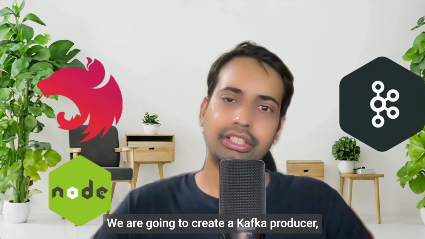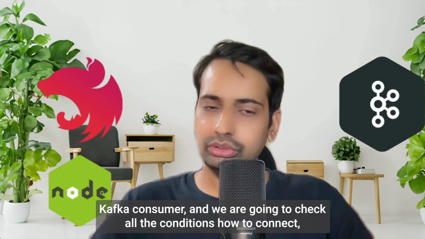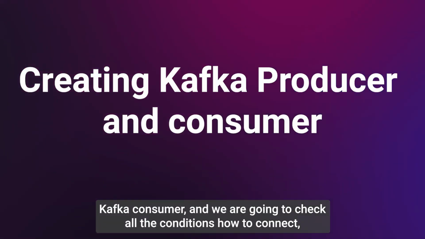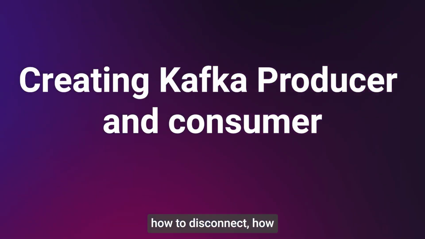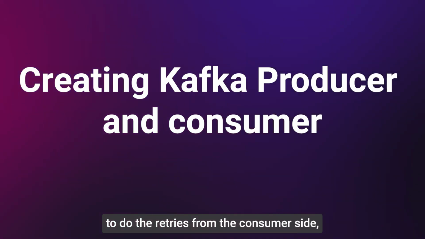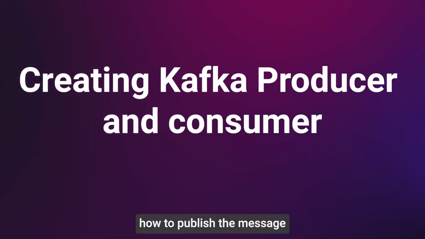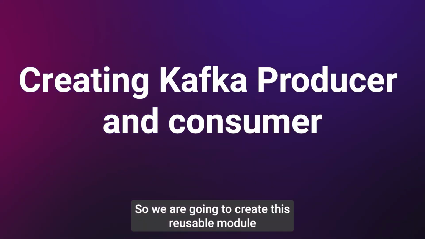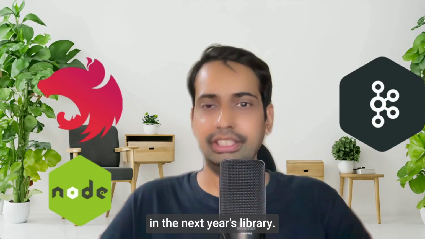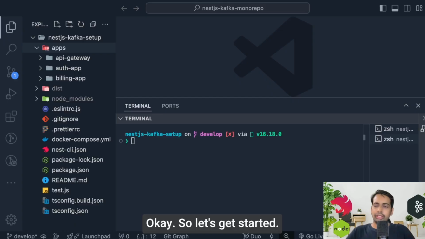We are going to create a Kafka producer and a Kafka consumer, and check all the conditions: how to connect, how to disconnect, how to do the retries from the consumer side, and how to publish the message to Kafka in the right way using the Kafka service. So we are going to create this reusable module in the Nest.js library. Okay, so let's get started.